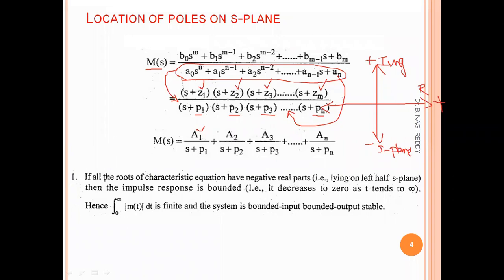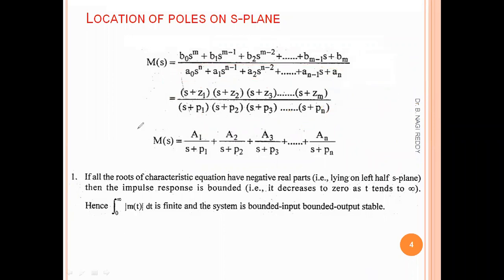The first condition to determine the stability is given here: if all the roots of the characteristic equation, nothing but the poles, have negative real parts. Negative real part means what? All the poles have real parts that are negative.